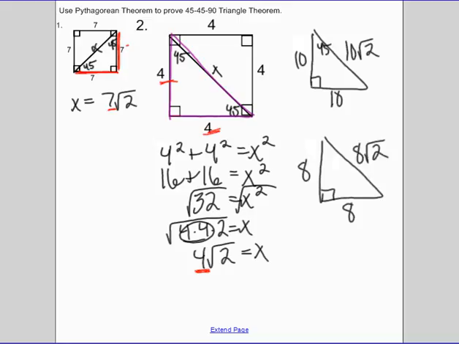What a mathematician did is they did Pythagorean theorem for all these different scenarios and noticed a pattern. They noticed that there's a relationship between the legs and the hypotenuse. So notice that the legs are both 8 and the hypotenuse is 8 radical 2. Here the legs are both 10, so the hypotenuse is 10 radical 2.